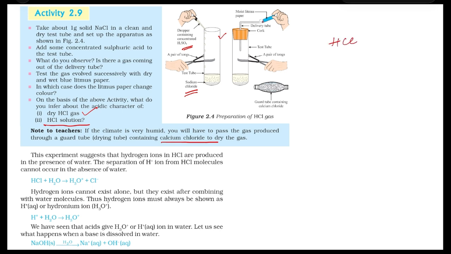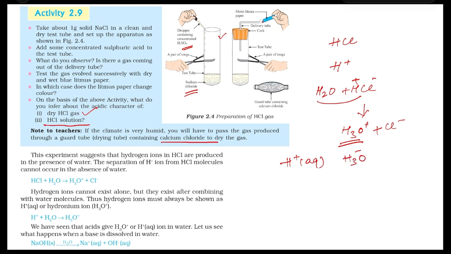HCl will not give H plus ion in the absence of water. Only when water is present, it abstracts H plus ion from HCl and it changes into H3O plus ion and gives chloride ion. So whenever you are writing H plus ion, either write it as H plus aqueous or represent it by H3O plus.